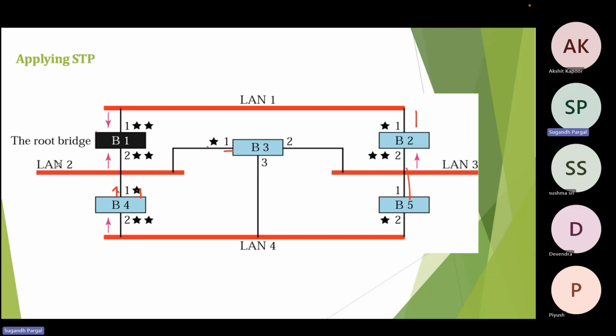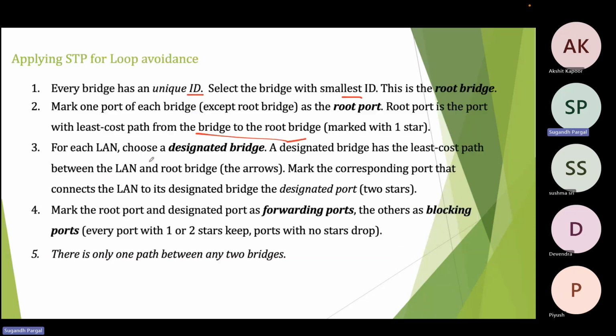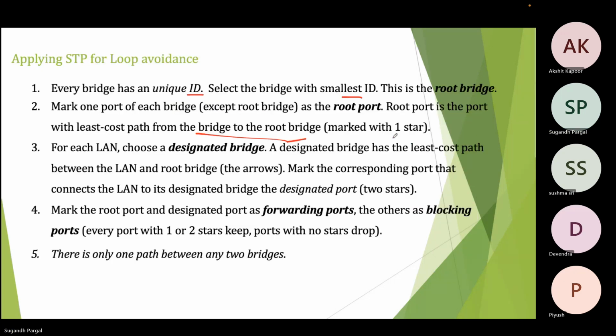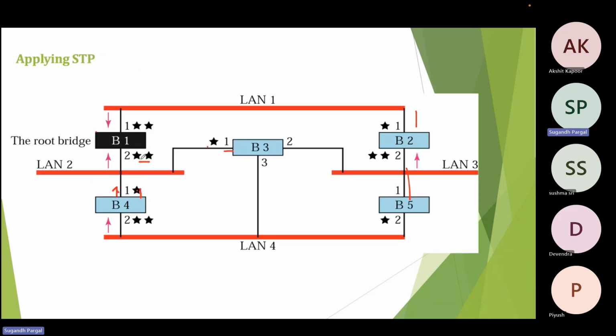So this is also the least path for LAN 1 and this is also the least path for LAN 2. So this is marked as a designated port, and this is also marked with 2 stars. Then this is not the least path. Okay, and the root bridge we do not consider for everyone, only in the case of root bridge. Okay.